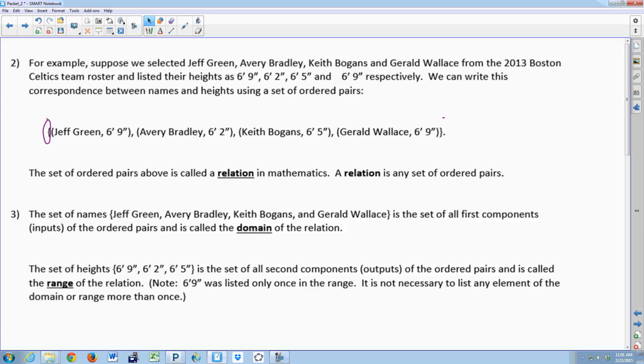Well, here's a set, because I see these braces that indicate the set. And here are 4 ordered pairs. I've chosen to put the input as the name of the Boston Celtic, and the output is their height. So this is what we call a relation. Nothing fancy, just a set of ordered pairs.